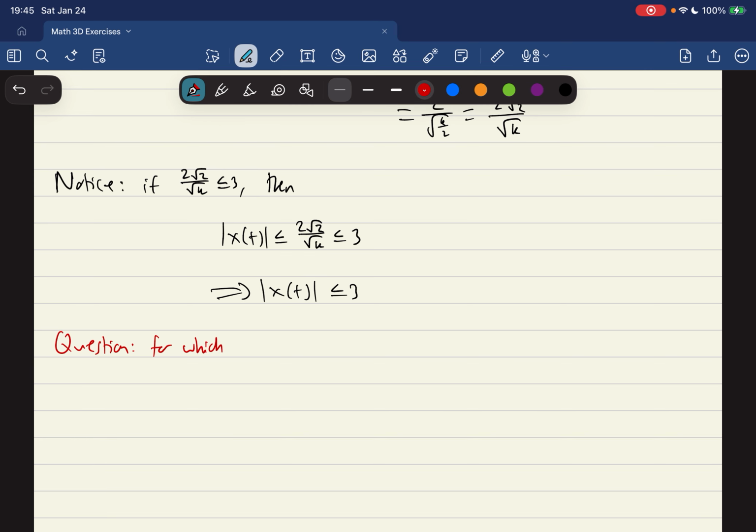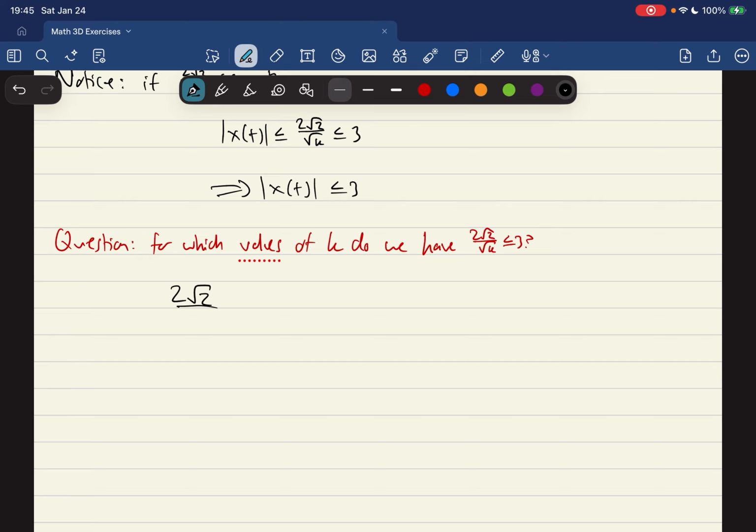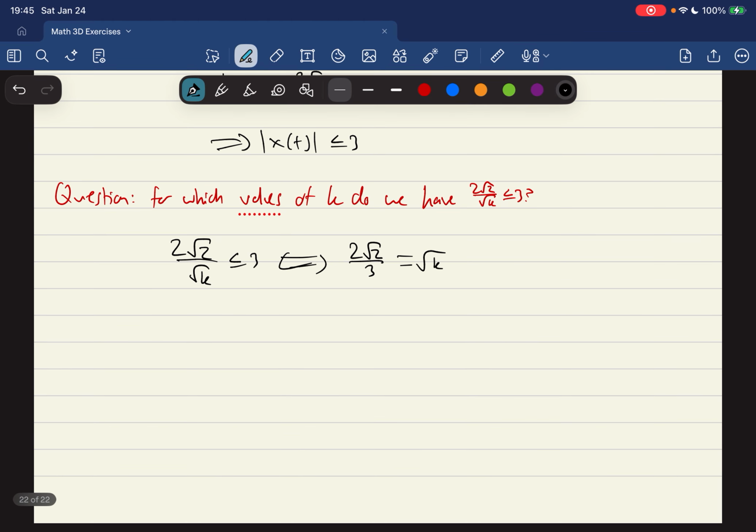for which values of k do we have that 2 root 2 all over root k is less than or equal to 3? Well, this just amounts to solving this inequality. So if we solve this right here, dividing both sides by 3 and multiplying by root k, we're going to get 2 root 2 over 3 less than or equal to root k.